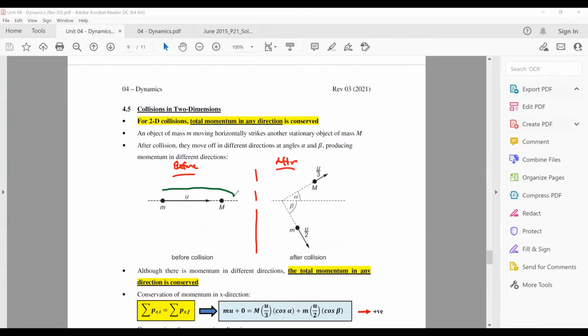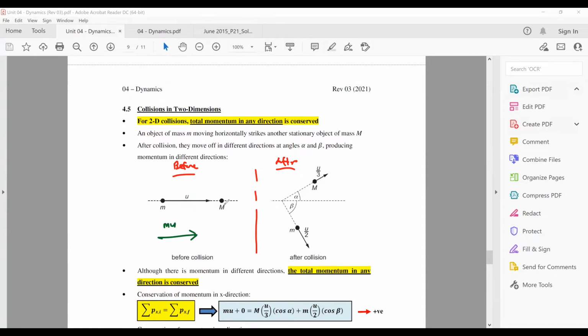If I look at this one, my momentum here would just be mu going in this direction. If I just draw a vector arrow for the momentum here, this one will just be mu.